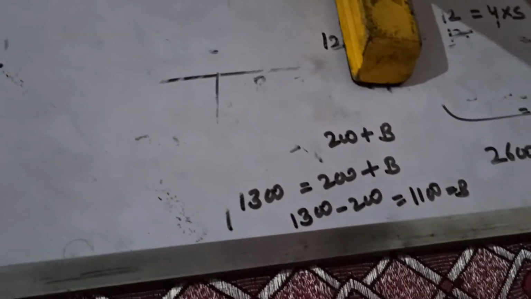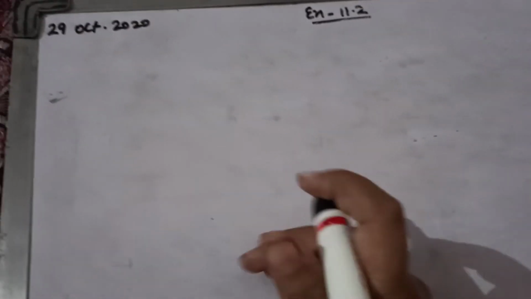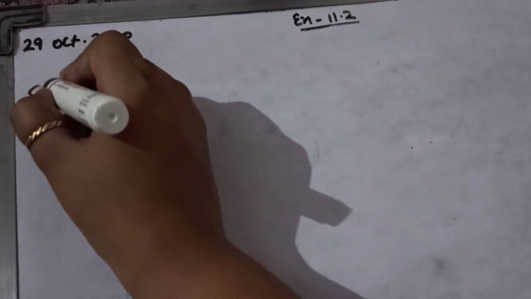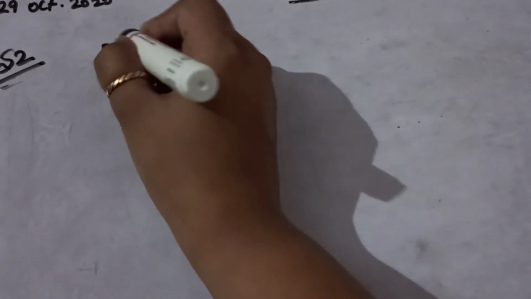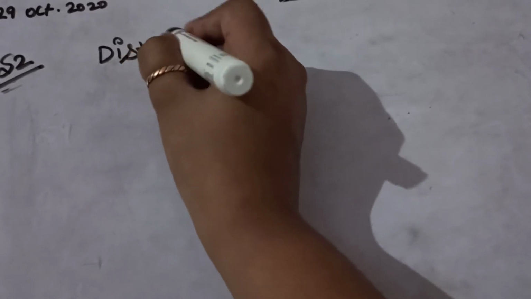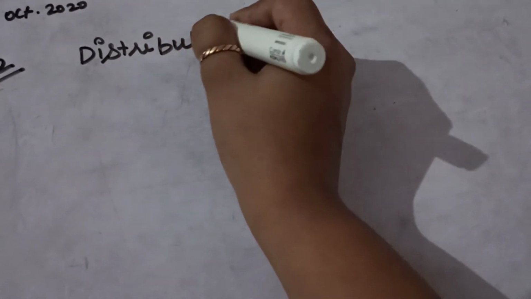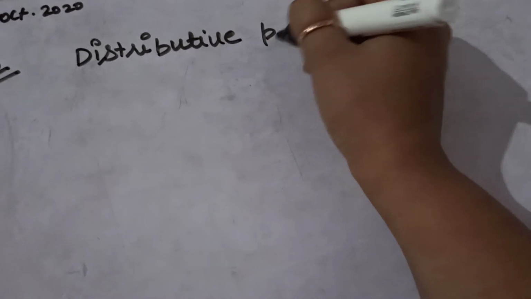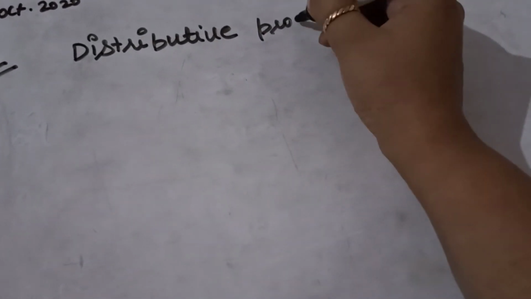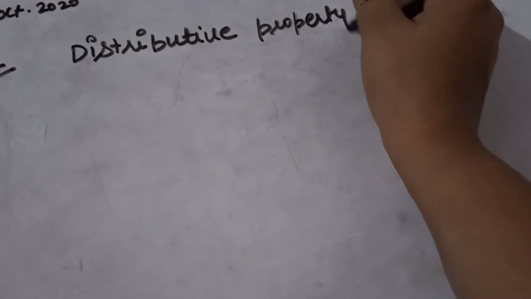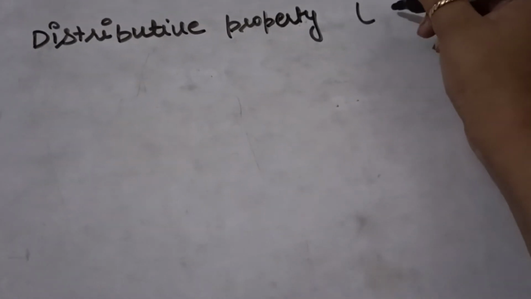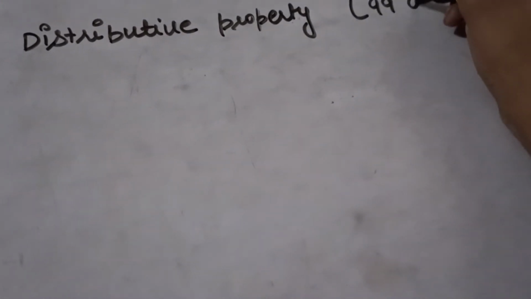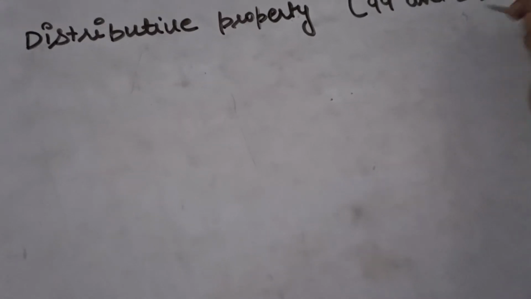So before that, what is the distributive property? We have to use the distributive property and find the product of 99 and 27.